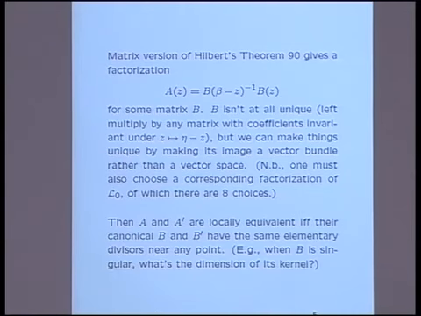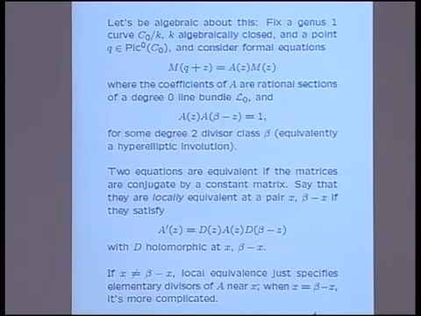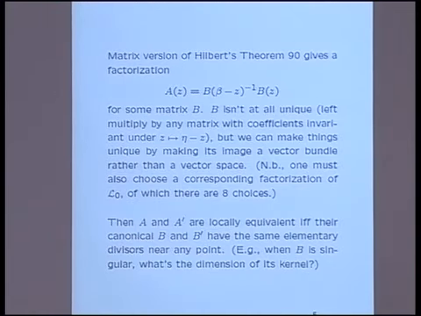The idea is that anytime we have a matrix A with that symmetry property, with this norm 1 property, we can factor it as a ratio of a matrix B and its image under the involution. And this is highly non-unique. Clearly, you can multiply B on the left by anything which is invariant under the involution, and we're not going to change A.